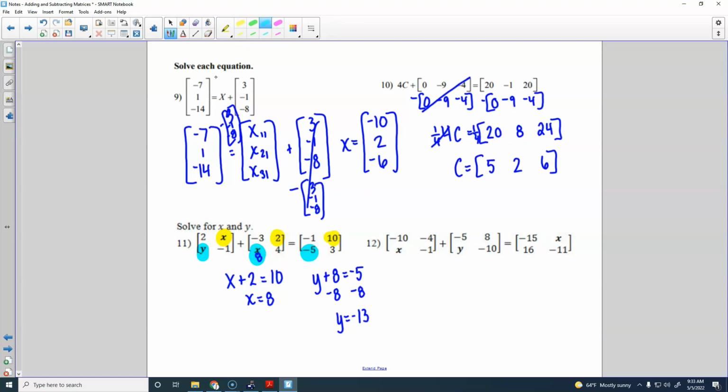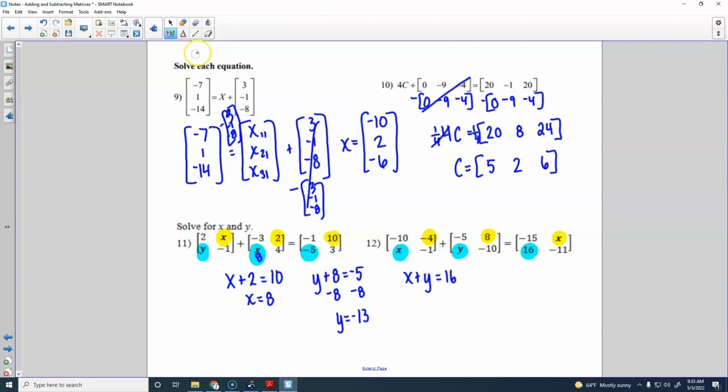Okay. So this one, again, similar, x plus y is going to equal 16 here. Well, I could write that down, but I can't solve it because I have two variables in that equation. So I need to look at anywhere else the x might occur, which is right here.